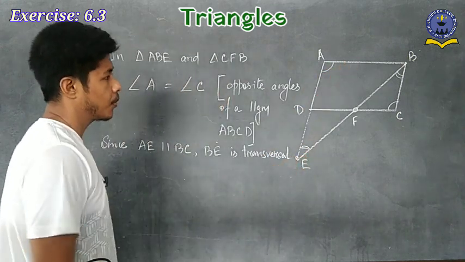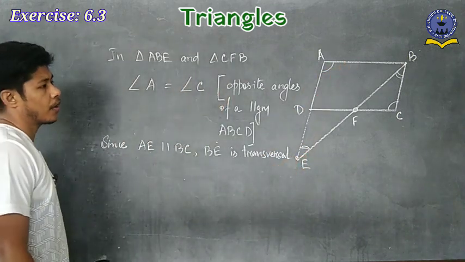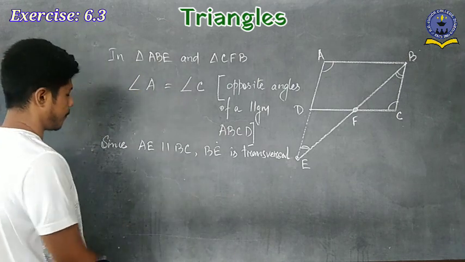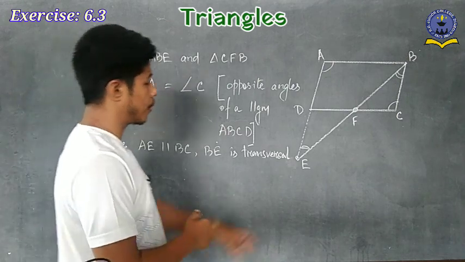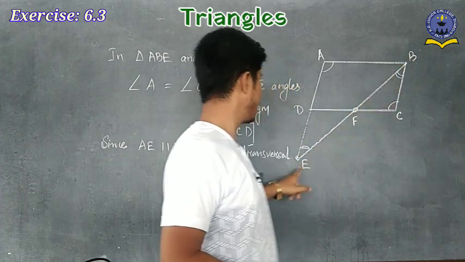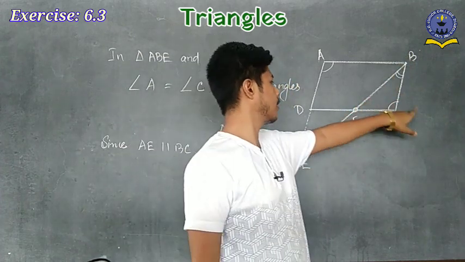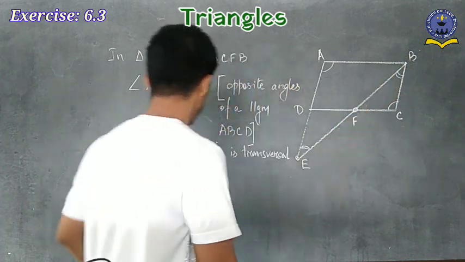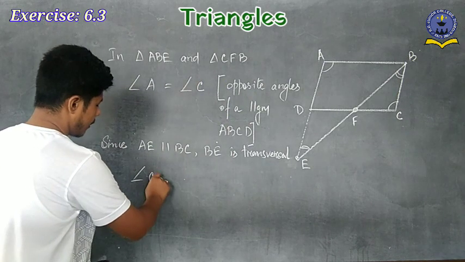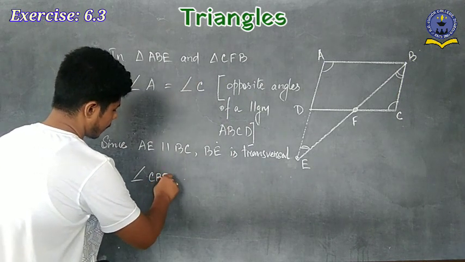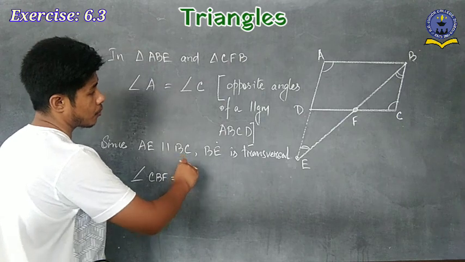Transversal. So if BE is transversal, then we have to write here CBF, or simply we can write here CBE also, but no need to write E. Easily you can write CBF. That means we have to write here angle CBF is equal with which one?